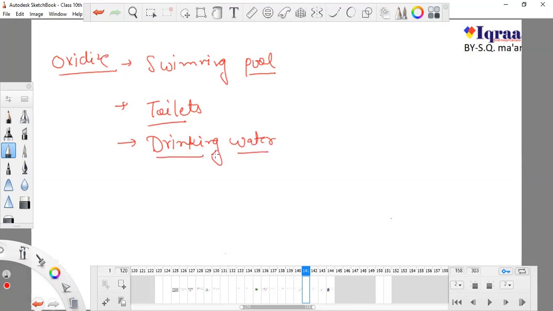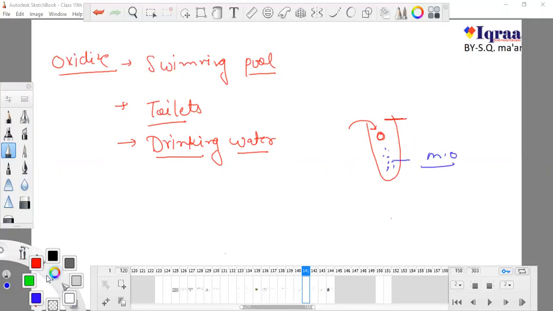Now a question may come to your mind: if our drinking water contains oxygen, what will happen if we drink it? Here the oxygen is utilized. Our drinking water is sometimes much contaminated, because water from pools, lakes, and municipalities contains many microorganisms like bacteria and fungus. So I just add CaOCl2, the bleaching powder, to this.